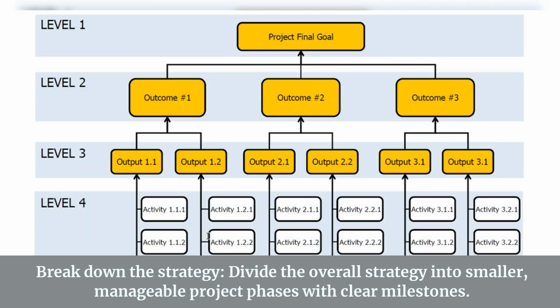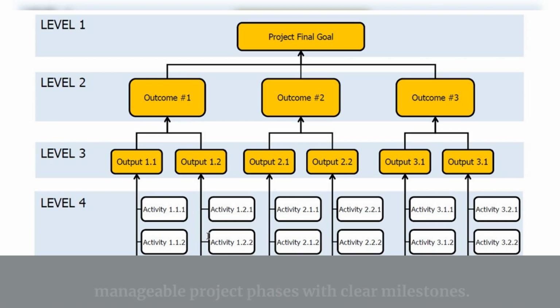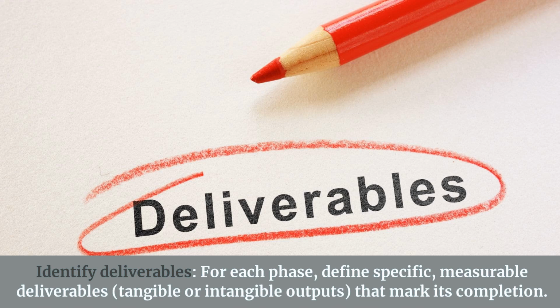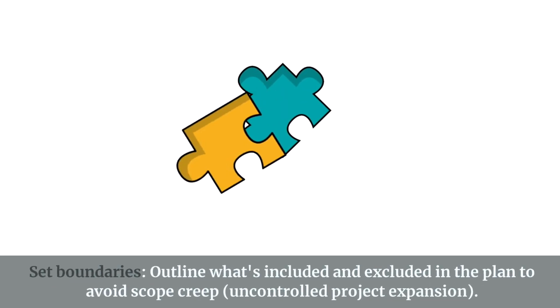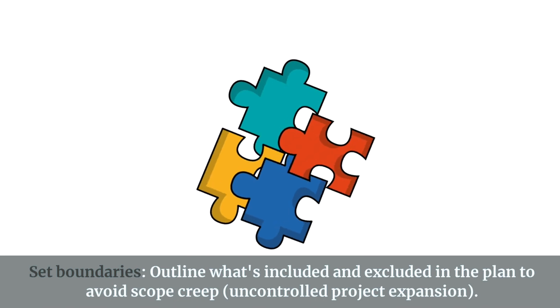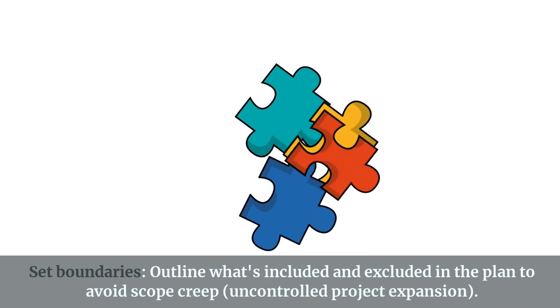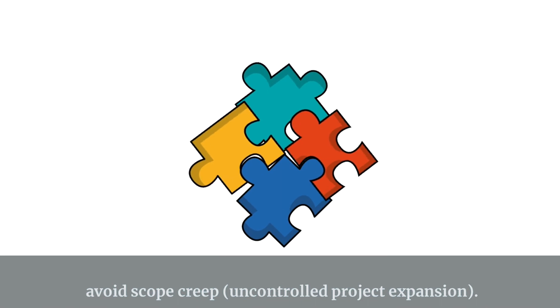Divide the overall strategy into smaller, manageable project phases with clear milestones. Identify deliverables. For each phase, define specific, measurable deliverables, tangible or intangible outputs, that mark its completion. Set boundaries. Outline what's included and excluded in the plan to avoid scope creep, uncontrolled project expansion.